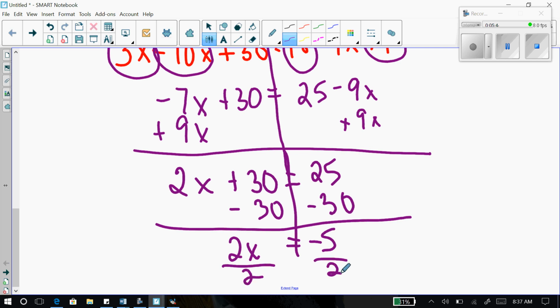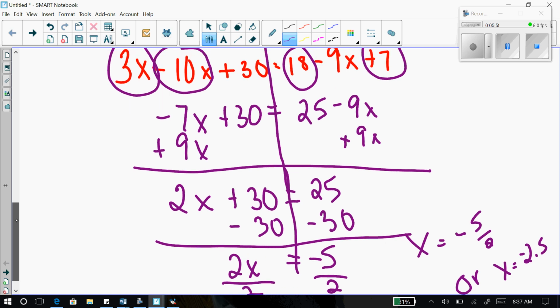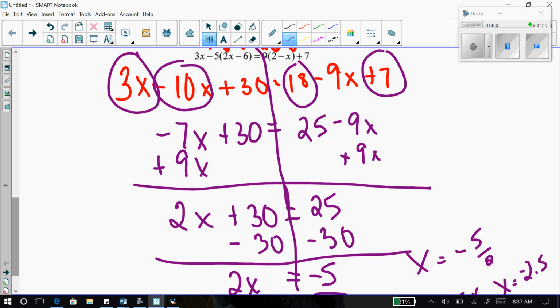When we divide, we get x is negative 5 over 2. Or, if you want the decimal, it's negative 2.5. So the trick with this one is that you went through and you did all your distributing first, combined like terms, and then solved. And you may have actually gotten to this step and solved it a little differently. But that's okay. We've talked about how there's multiple ways to solve an equation.